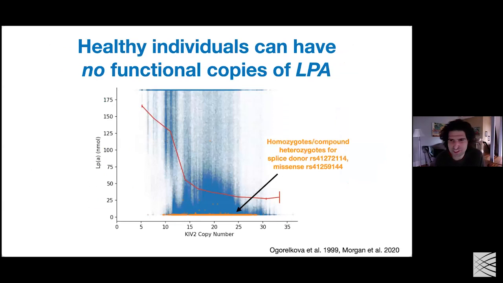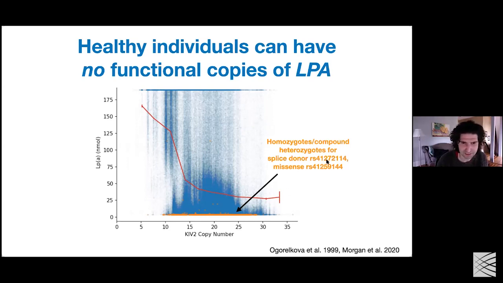So a key feature of the gene LPA that we exploited in our analysis is that there are seemingly healthy individuals with no functional copies of LPA. In particular, there are null LPA variants that result in null lipoprotein A concentration that have risen to low frequency in the population. Here I've highlighted homozygotes and compound heterozygotes for 2 SNPs that were identified as resulting in null LPA in the literature.